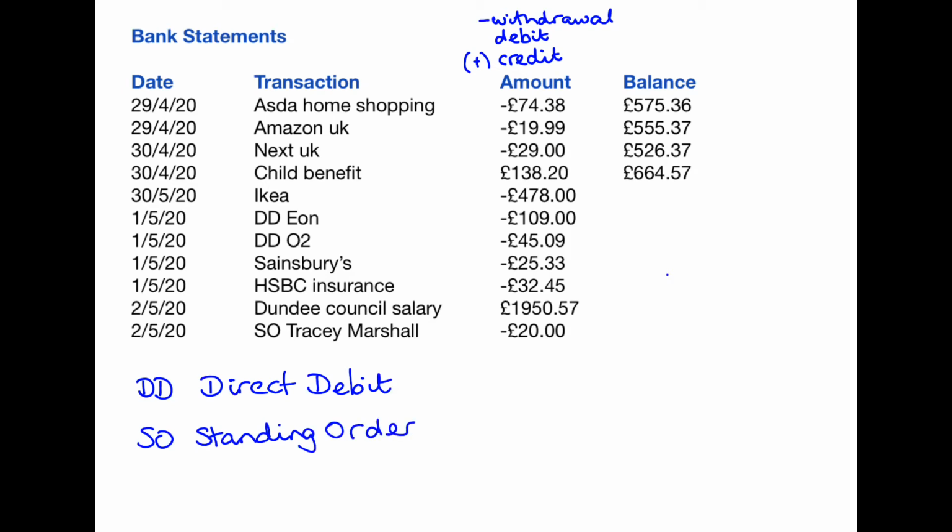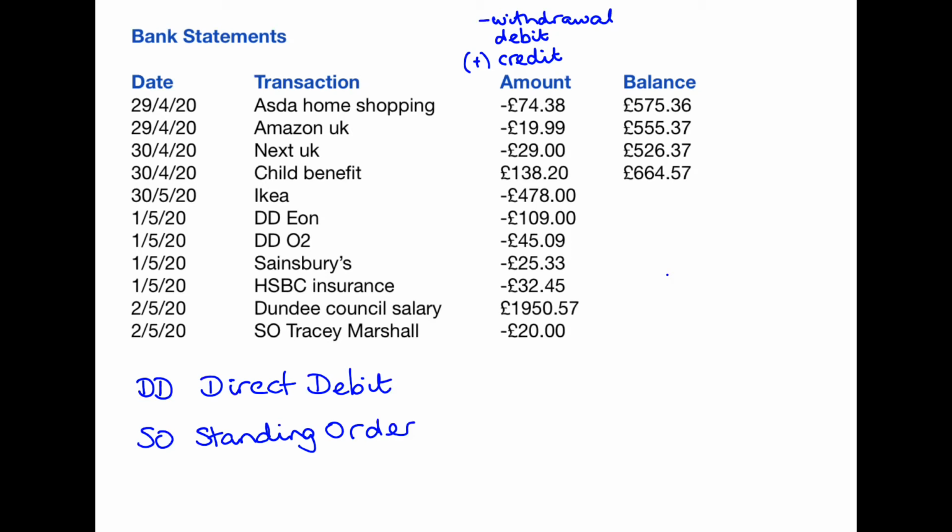A standing order is kind of like a direct debit. It's something that goes out regularly from your account, but you're in charge of that. So you set up a standing order, you decide who it's going to, and you decide how much it's for. And if you want to change that, you change it. The person who's receiving it can't change it at all. For example, a standing order could be pocket money.